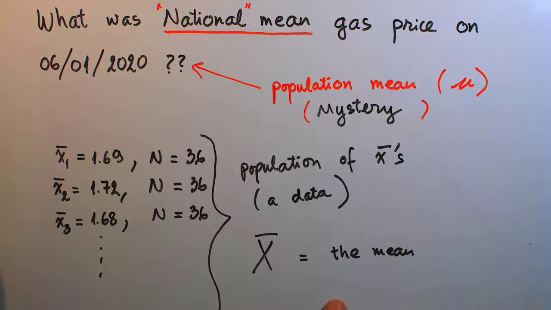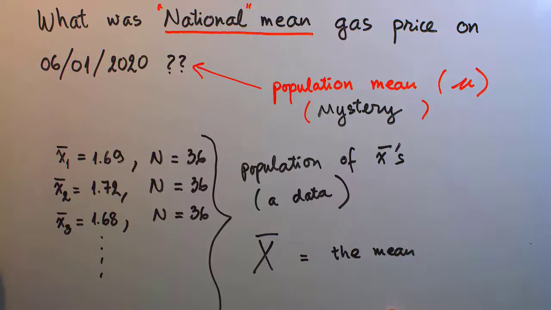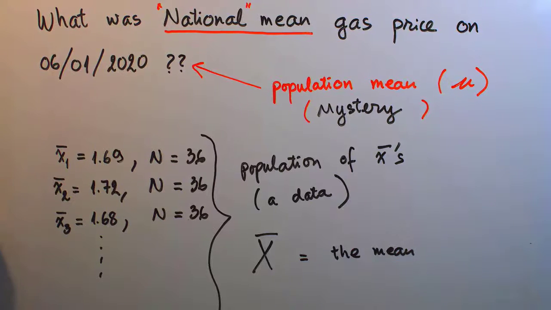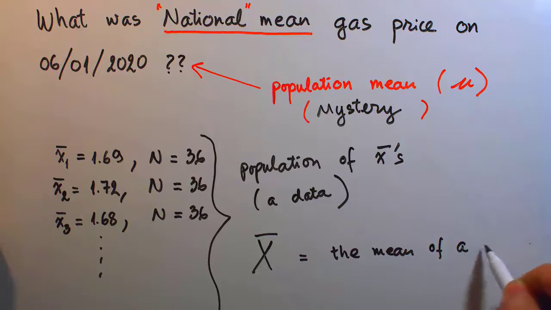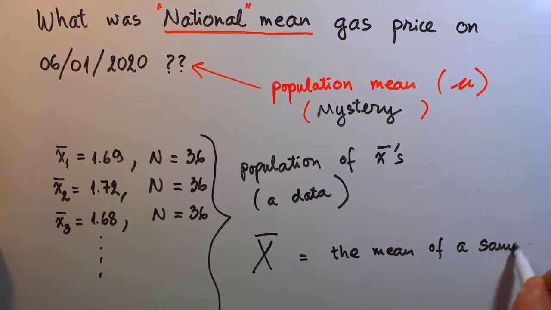Now, I need everybody who views this video to look at my definition a little closely right here, but I define capital X bar to be the mean of a sample. So any sample can have a mean value, and generally any of those sample means is a value of the X bar.